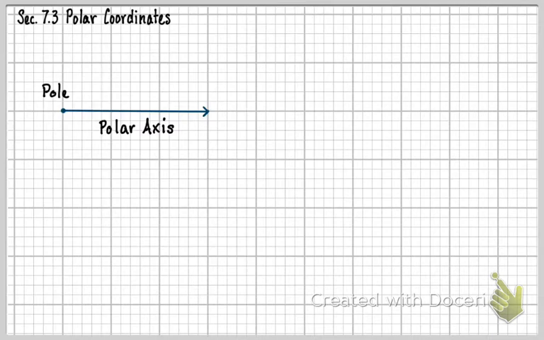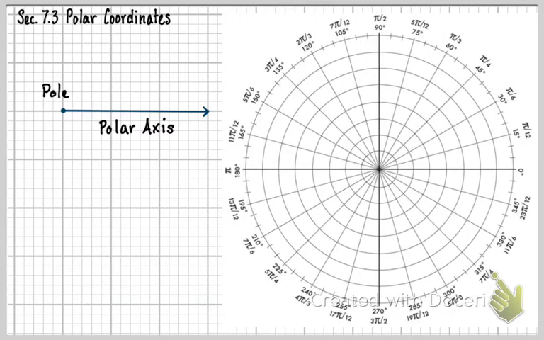Generally we take this polar axis and place it on the unit circle. That's in general how we deal with the polar axis.